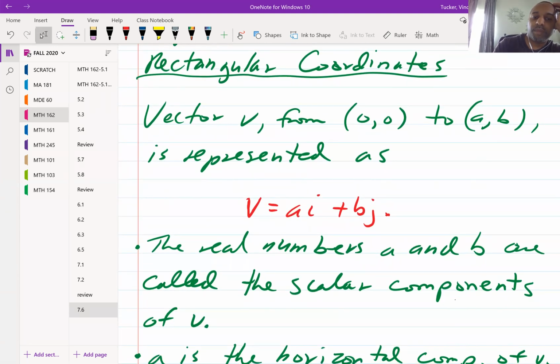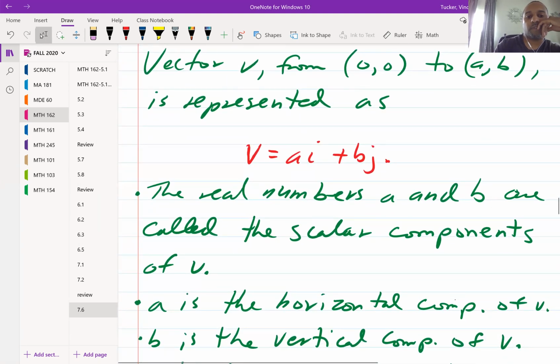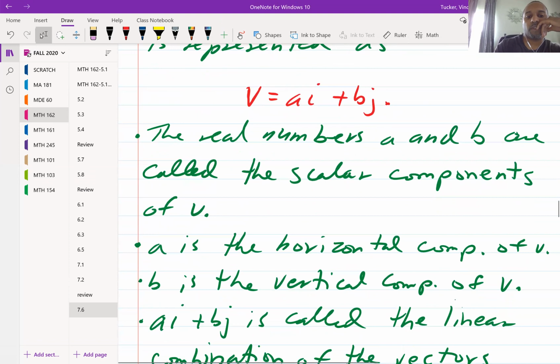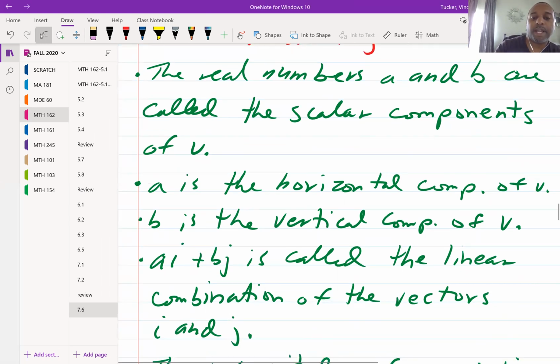The real numbers a and b are called the scalar components of v. a is the horizontal component of v, b is the vertical component of v. ai plus bj is called a linear combination of the vectors i and j.